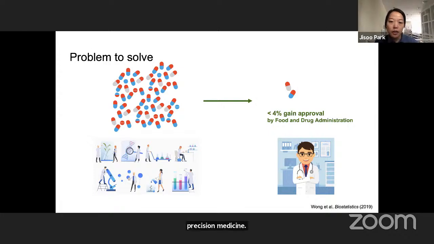This work started to tackle the problem that only a small portion of the drugs that go into the clinical trials is eventually approved by FDA. The low success rate of the clinical trials is often due to the incomplete understanding of the mechanisms governing the drug response or improving the cell sensitivity to drugs.